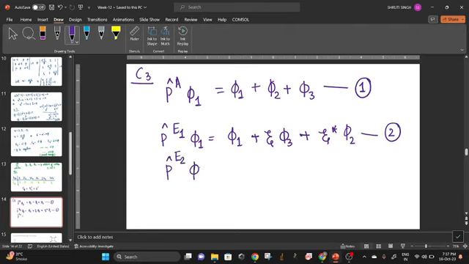The other E symmetry, when we apply it on phi1, we get phi1 plus epsilon star phi3 plus epsilon phi2.